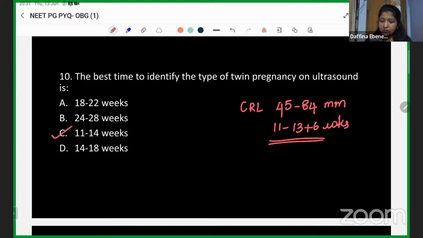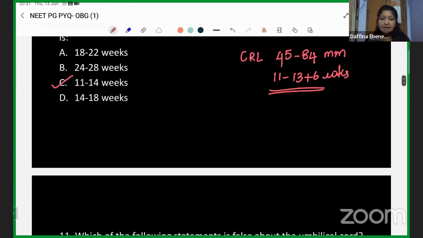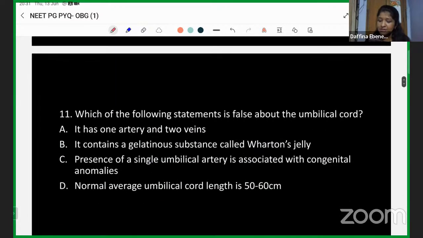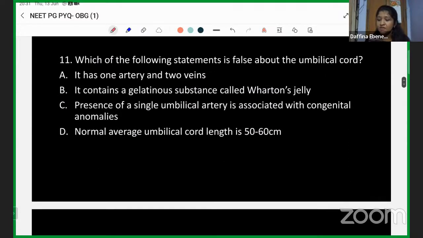So the answer will be 11 to 14 weeks. That is the ideal time when you can identify the twin gestation. The chorionicity you can differentiate based on the T sign, the twin peak sign or lambda sign. That will help to differentiate whether it's DCDA or MCDA. So that is seen between 11 to 14 weeks of gestation.